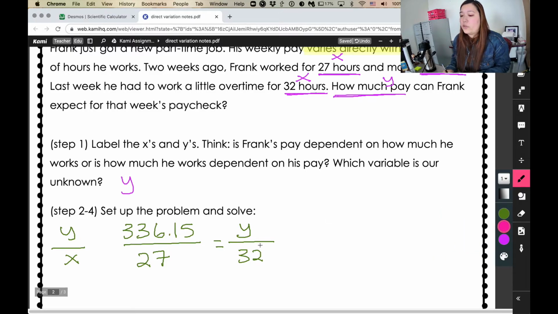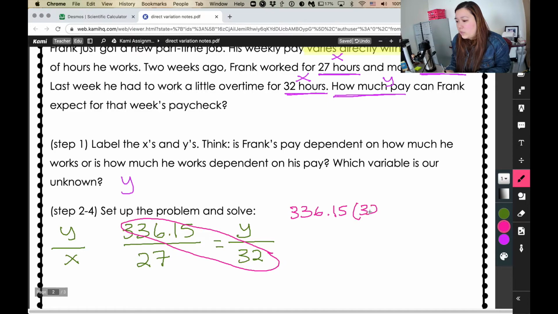It's the butterfly method. So let's start with this side. I'm going to multiply 336.15 times 32. And as we move into doing equations, you will see me using these parentheses a lot. When you have a number next to another number in parentheses, you are multiplying them together.